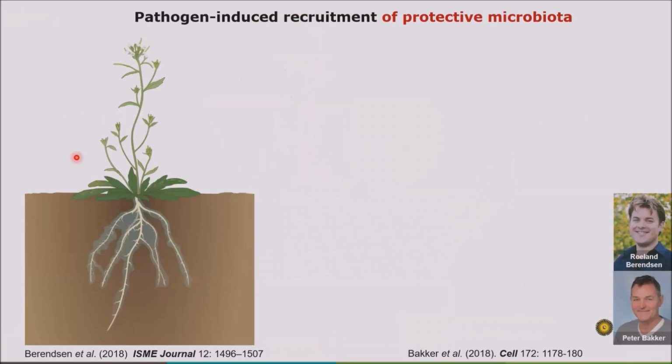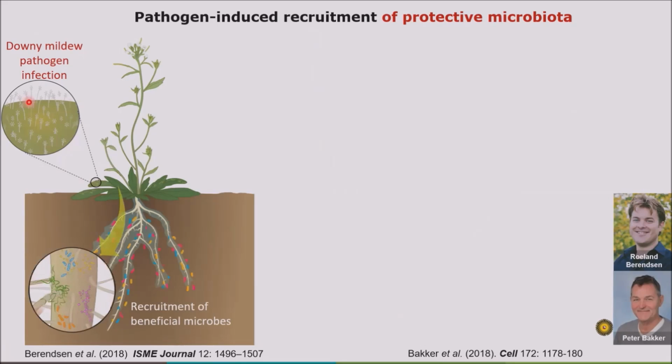So what kind of system do we use for this? I already mentioned it before. We use downy mildew as a pathogen. We apply that to the leaves of Arabidopsis plants. And when we do so, we can monitor the microbial community in the rhizosphere. We see that in response to leaf infection, the microbial community in the rhizosphere starts to change.